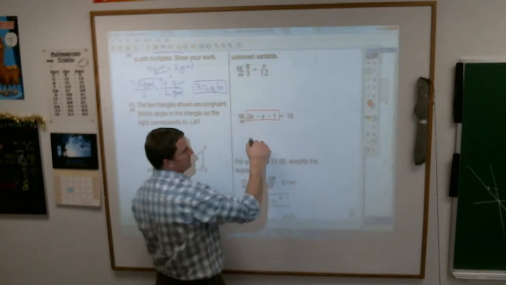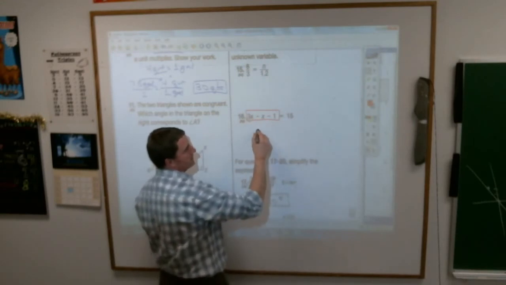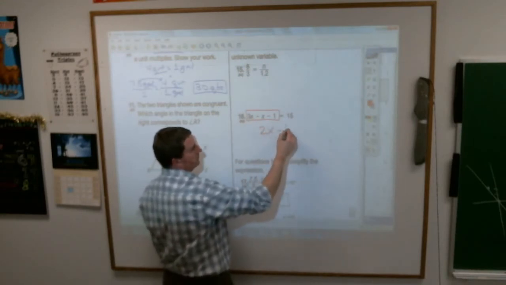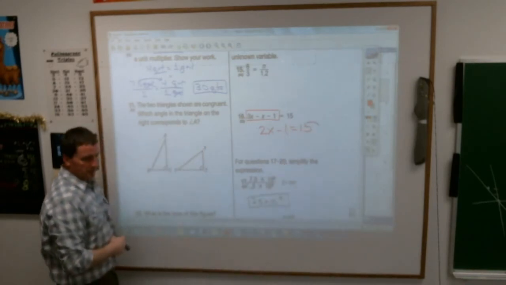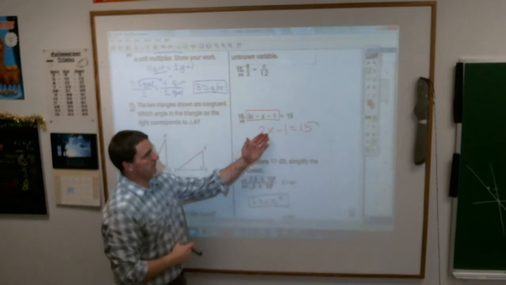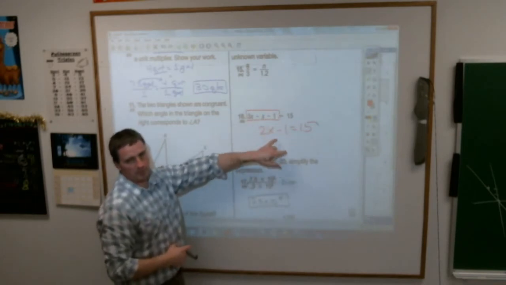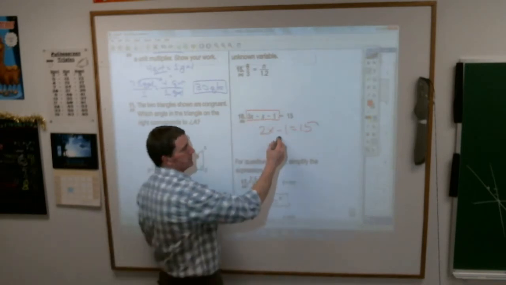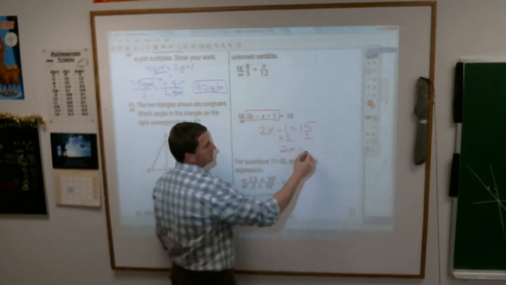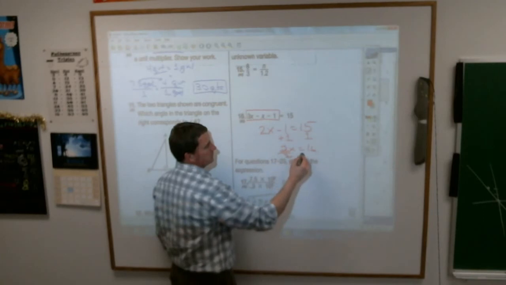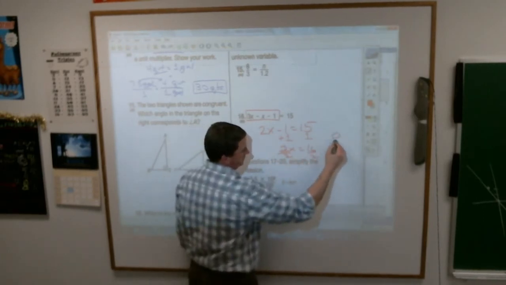You can put like terms together here. 3x's minus an x is 2x. Solving equations is always the same. What's the next step there? You've got to get rid of that -1 by doing the opposite, which is adding 1. 2x equals 16, divided by 2, divided by 2.